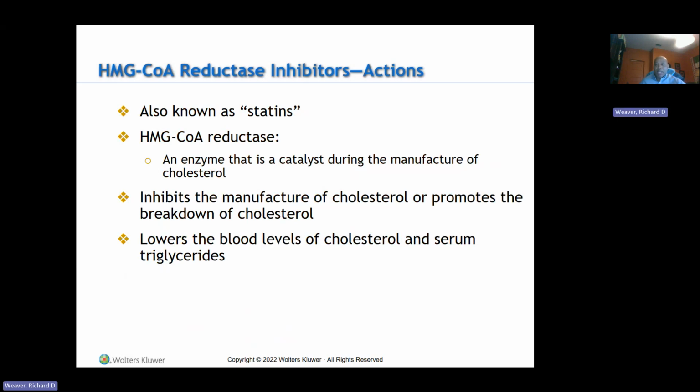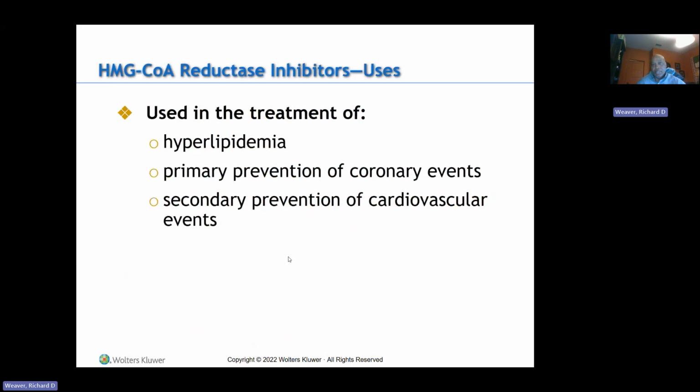Right. So the body, in this case, will make less cholesterol, and of course, this will aid in lowering the cholesterol levels in the blood. Hopefully that makes sense. It's one of the reasons why I wanted to do this presentation on these particular drugs, because they're not really all that complicated per se, but it gives me a little more time to really discuss it and try to break it down as much as possible.